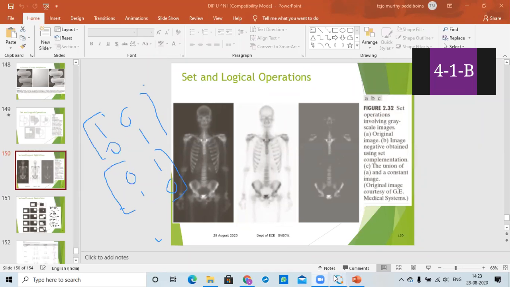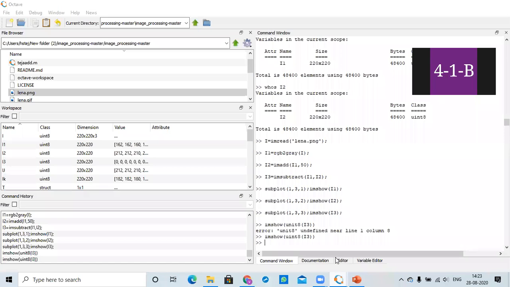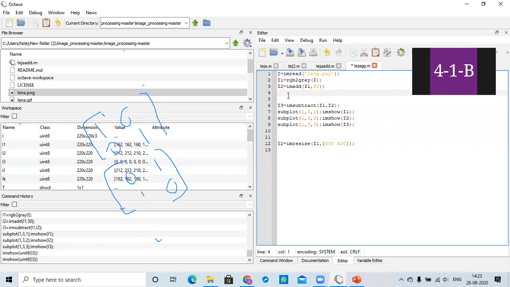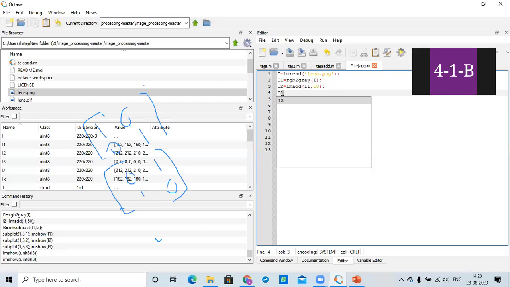Similar to the previous case, now let us do the IM complement, how to implement it in your Octave software. So let us go with Octave then. So same image, let us take I2, and I2 we will take as I2 is equal to IM add. Then let us suppose instead of IM subtract I3, I will remove this.